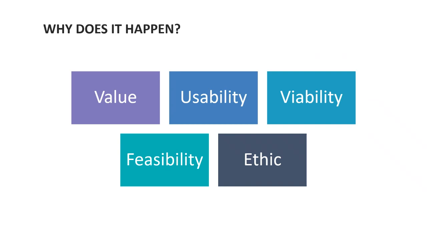Will it help them? Will it solve any real problems? The next one is usability. So can they figure out how to use that thing? Viability is about our business and different parts of the business like marketing, sales, finances, if they can support it, if we have the required channels to distribute our product.